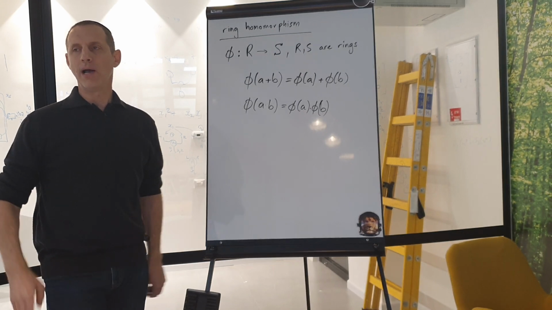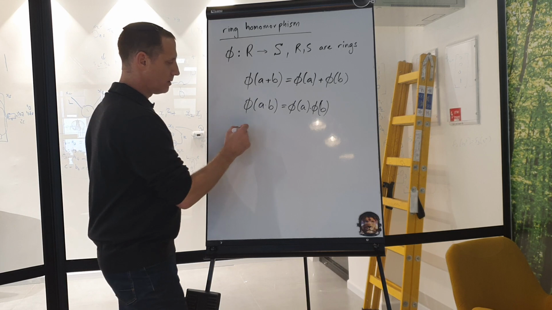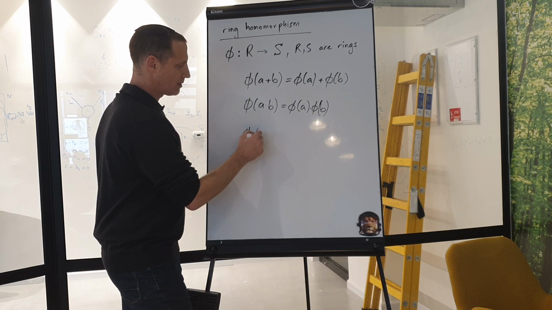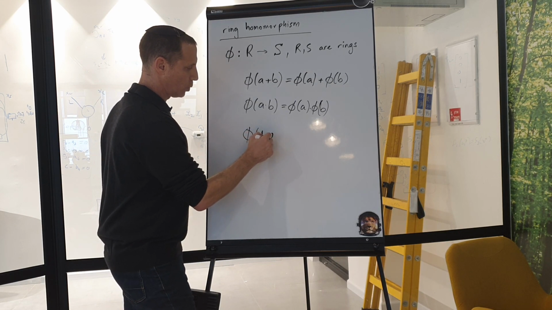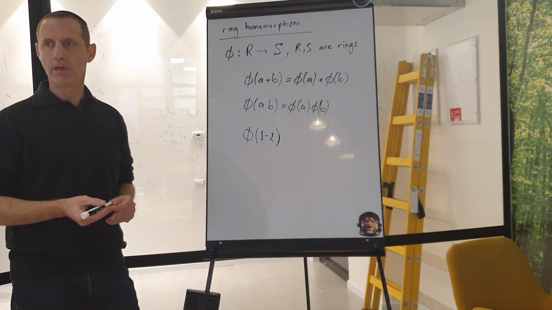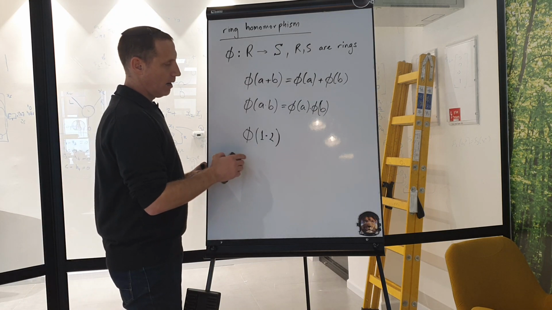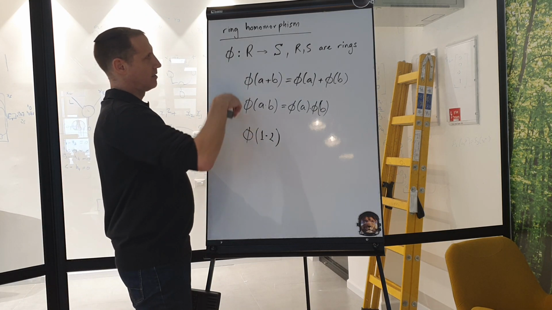Okay. So no, but how do you do here? It's not, because what's phi of 1 times 2? What does it translate to? Okay. So it's not a homomorphism yet. Okay, yeah.